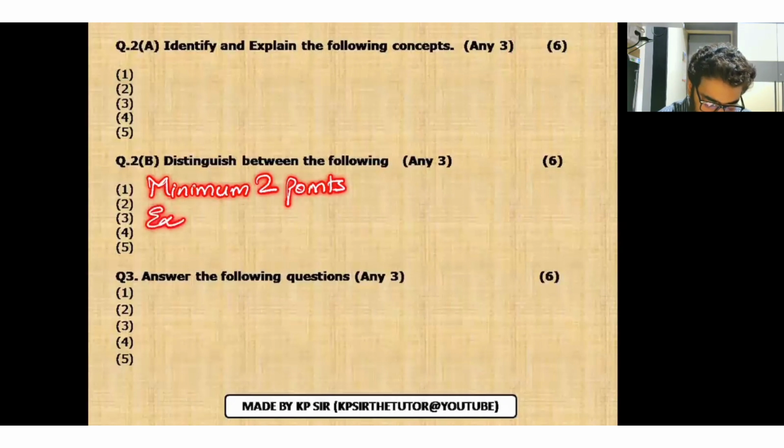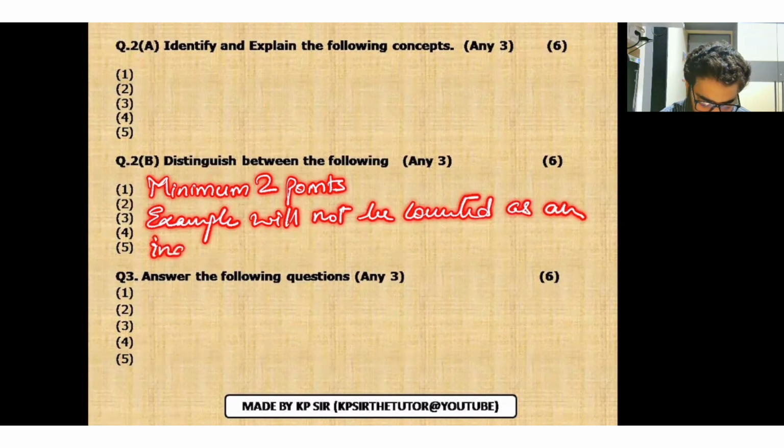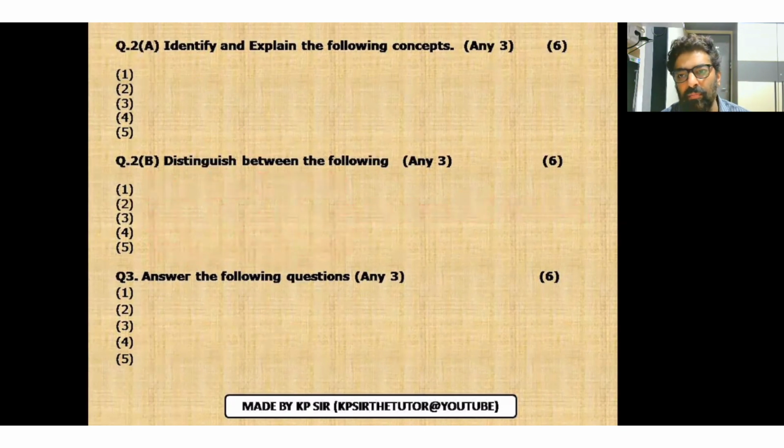An example will not be counted as an independent point. Keep that in mind.